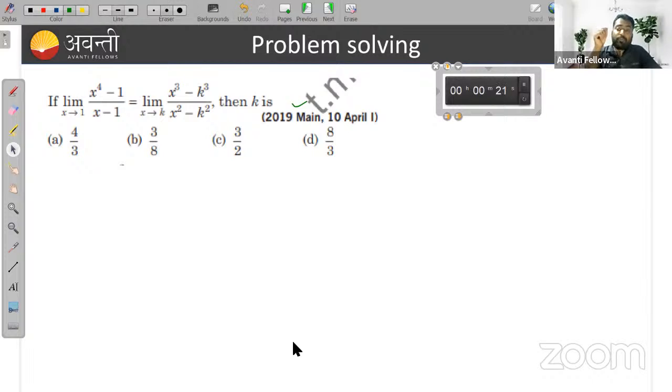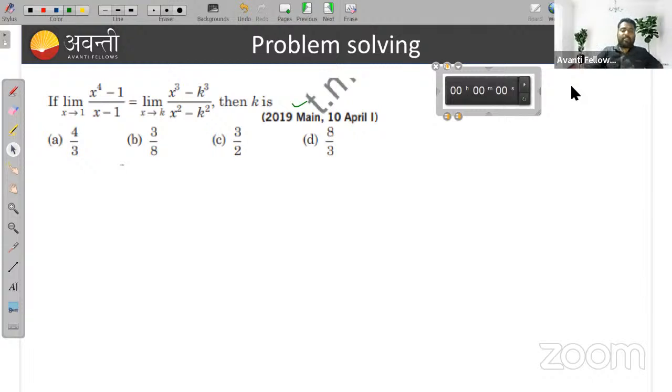I already told you, before solving the questions you must check the form of the function. Any one of you got the answer? You can message your answer in the chat box. Okay, so it's time to start.